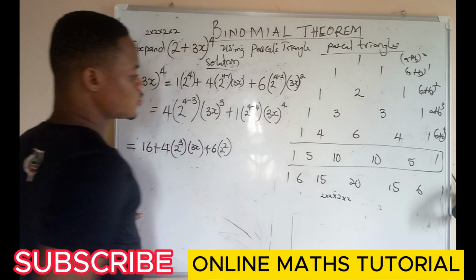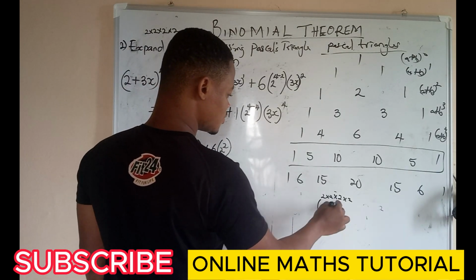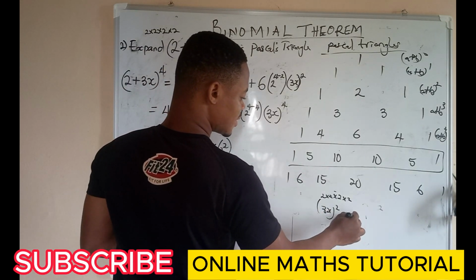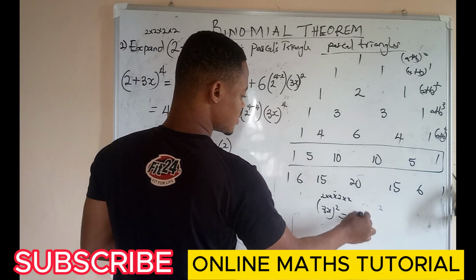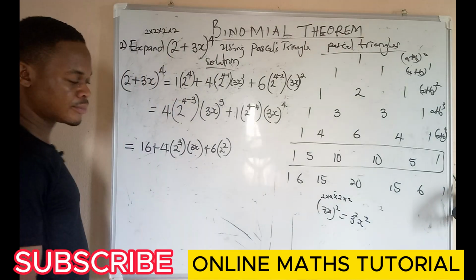3x raised to the power 2, which is same as 3 raised to the power 2 times x raised to the power 2. And 3 raised to the power 2 is 9.